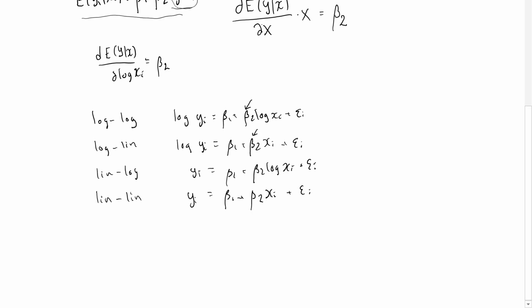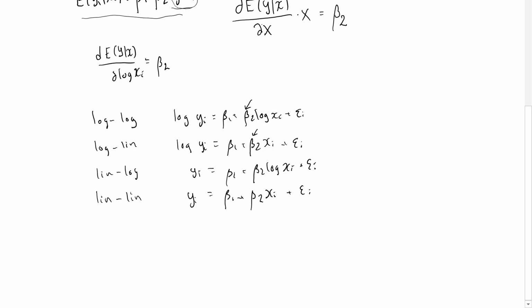In the log linear model, only y is logged and not x, so beta 2 is the percentage increase in y if x increases by 1 unit. And if you want this interpretation to be in percent, such as 3% for example, you have to multiply beta 2 by 100.